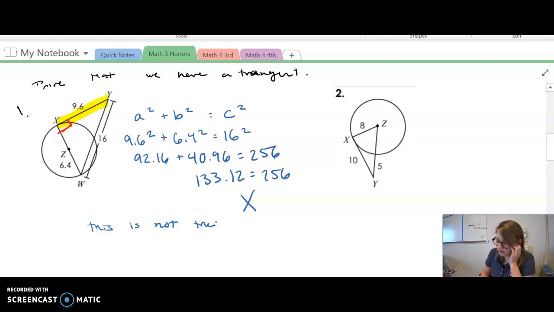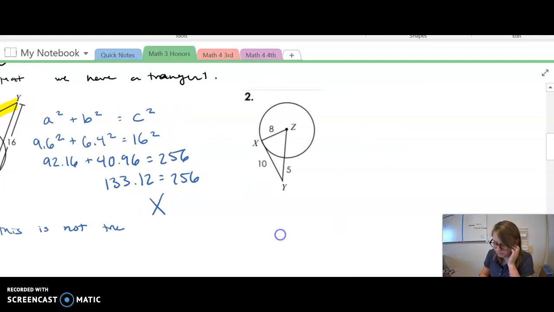Okay, so let's do number 2. It's the same idea. So let's just identify where our 90-degree angle is. Our 90-degree angle is right here, connecting that line of tangency and the radius. And now we're going to use our Pythagorean theorem. So a squared plus b squared equals c squared, c being our hypotenuse. Remember, a and b are legs connected by that right angle.